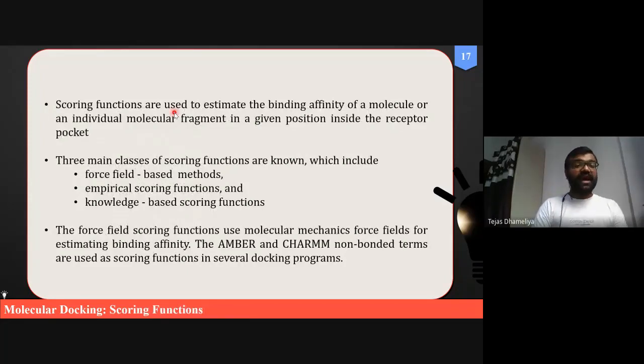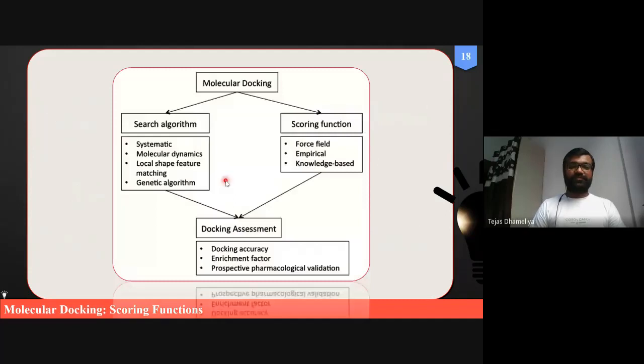Okay. These are the other methods: force field based methods, empirical scoring functions and knowledge based scoring functions. These are the other methods which are useful for giving a score to a particular pose. How they work is of no interest to us, but just for the sake of your knowledge I would like to share that these are the scoring functions which are used.